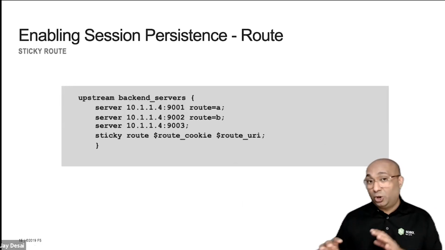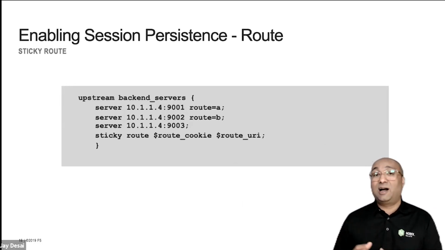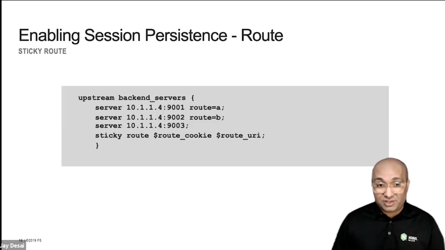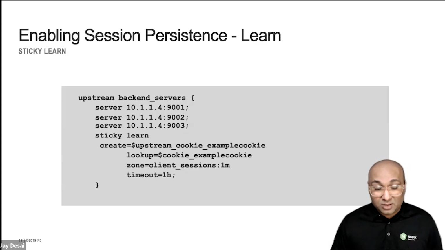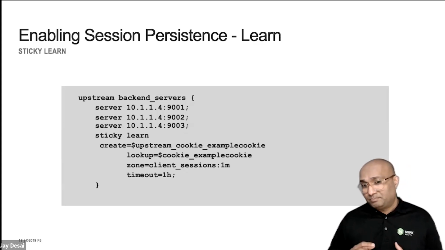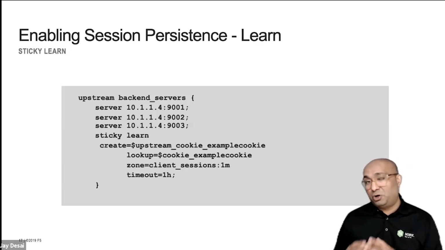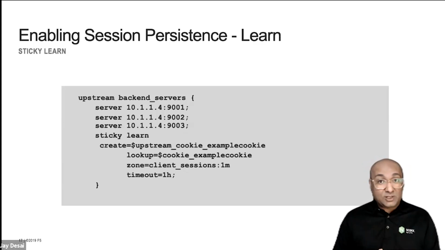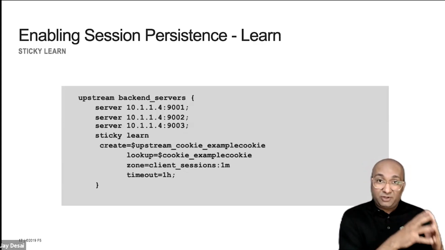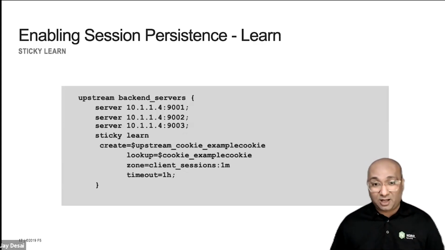And there are a lot more details to this specific method, so I highly recommend that you go to the website and read more about how to configure it. Similarly, sticky learn is a way you can configure NGINX Plus, where it finds the session identifiers by inspecting the requests and responses. Once again, more details on this specific method are available on the website, and I'll point you to that.